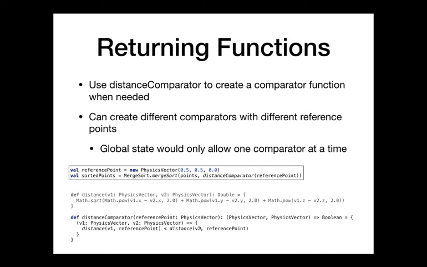So we have a pure method, we have a pure function, we're not relying on state at all, but we still get the flexibility that we had when we were using state to our desire. We can still get that same flexibility, but instead of having variable state, we have a method that can create functions that change based on the input to the method.